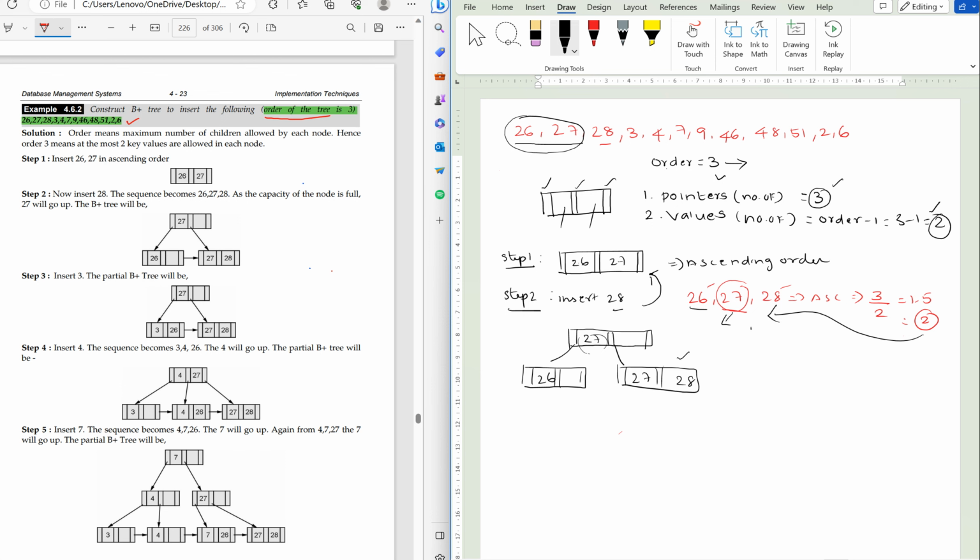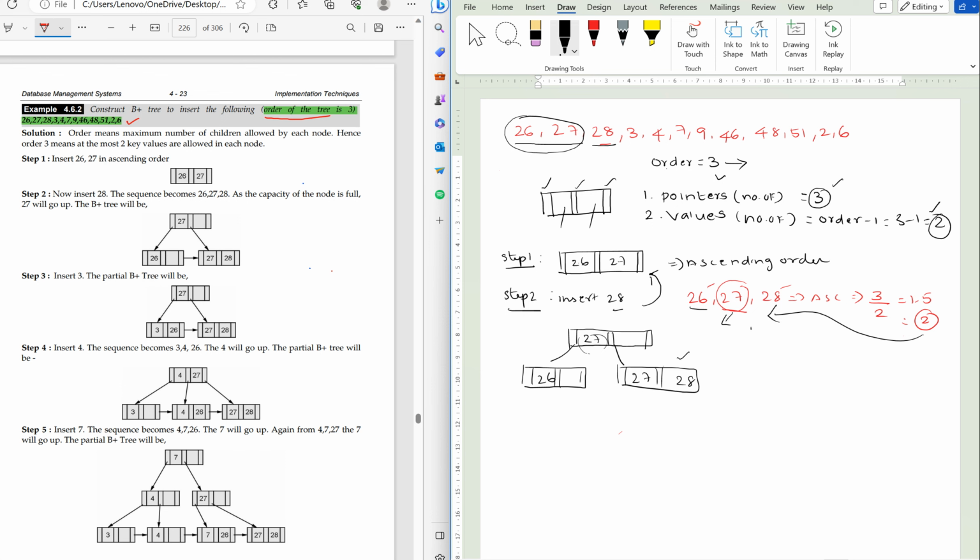To put it in a simple way, the nodes on the left hand side will have the values lesser than the root node, and the right hand side will have the values greater than the root node as well as the copy of the value in the root node. So till step 2 we have inserted 3 elements.